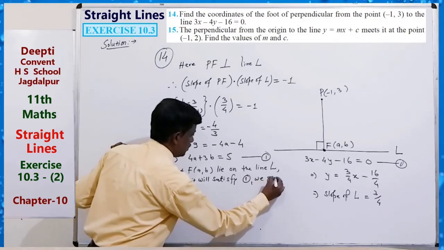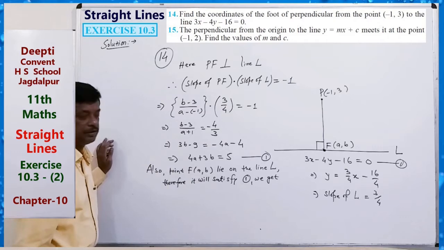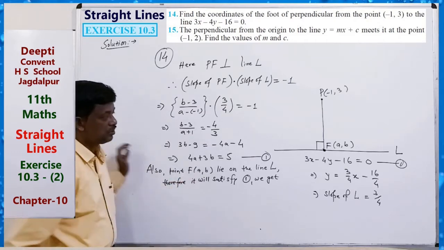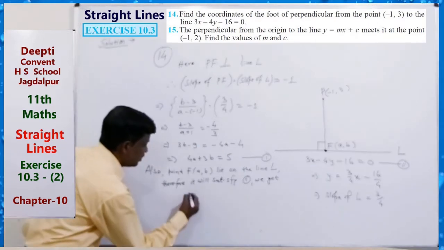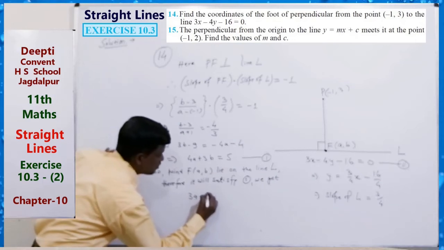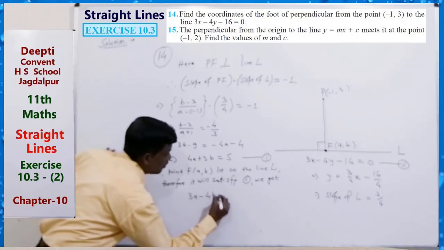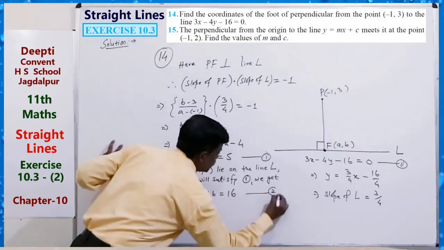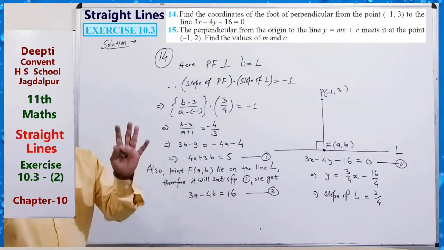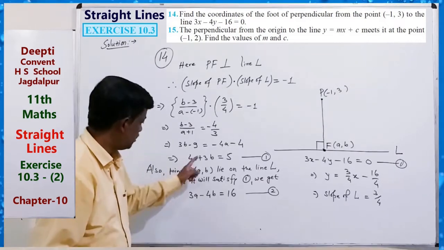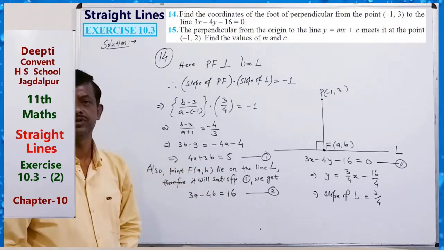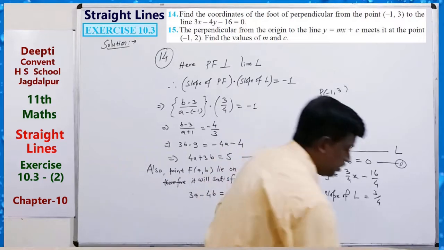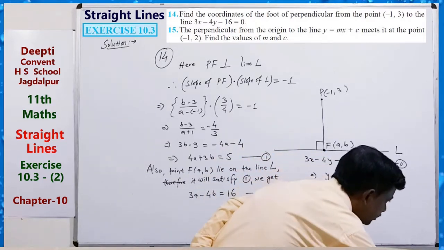We get, put a, b here, 3a minus 4b equals to 16. This is equation 2. Now we have two linear equations in a and b, and we can solve these two equations.